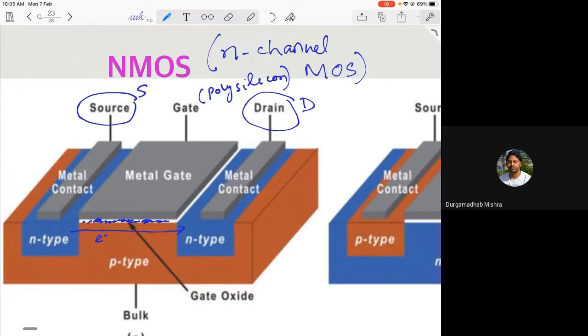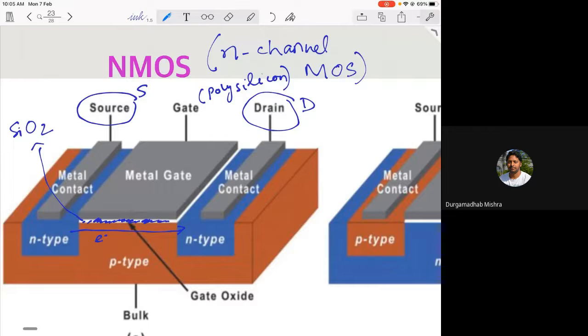In the case of silicon, the oxide layer is silicon dioxide.